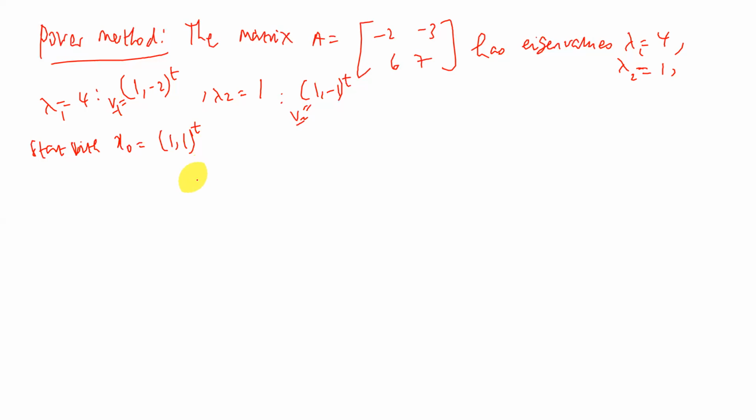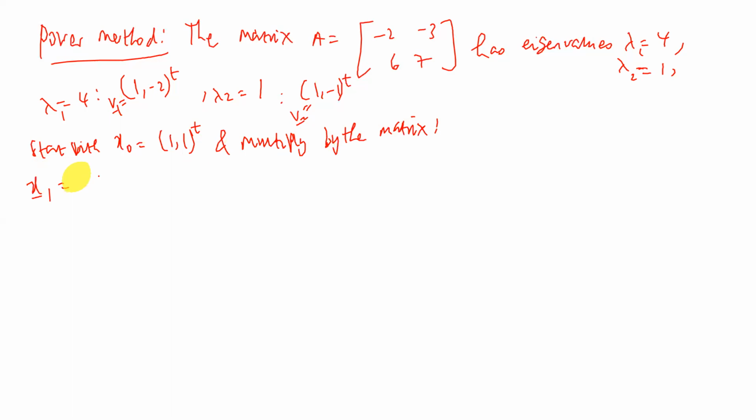So you multiply by the matrix A. If we do that, it gives us some vectors, and I want to explain where these are coming from.